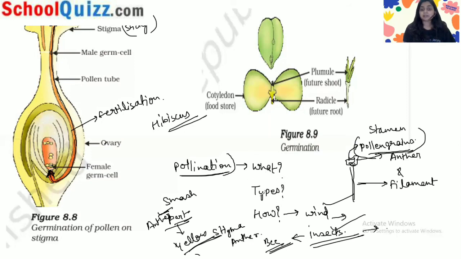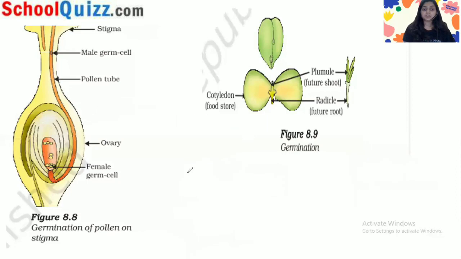And what are the types of pollination? The types of pollination are self pollination and cross pollination. So what is self pollination? Self pollination means it happens within the flower. Suppose this is a plant and this is a flower of this plant. The pollination happens from its anther to its stigma.